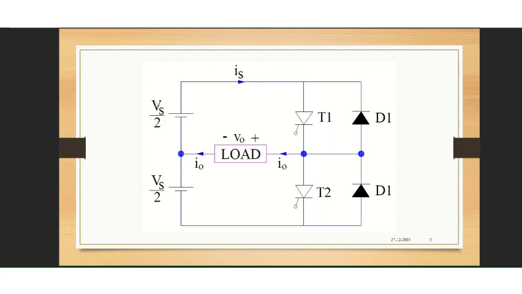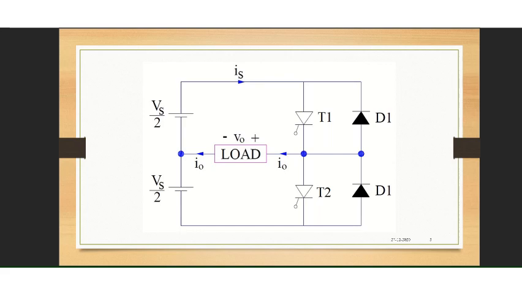The input Vs is divided, or the circuit is designed in such a way that half of the input is used by the upper part of the bridge network, and the second half is used by the lower half of the bridge network, right? So the operation is the same as in the single phase half bridge, only the load is RL. If the load is inductive, how the operation differs is what we'll be discussing today.